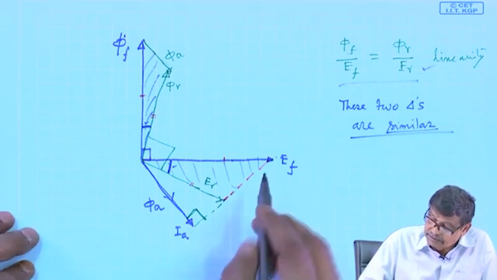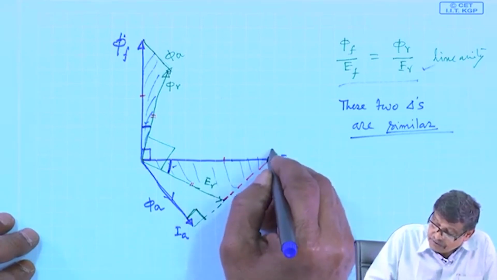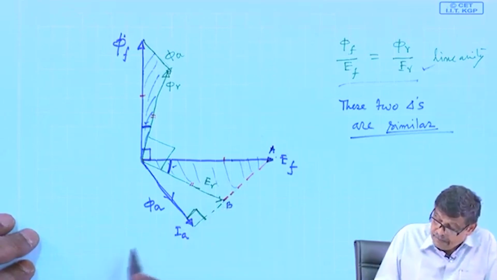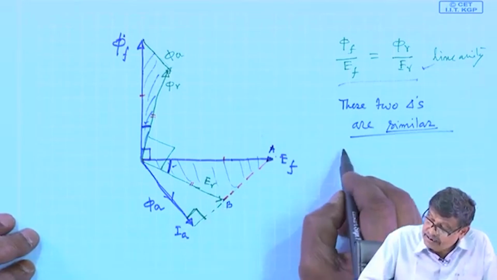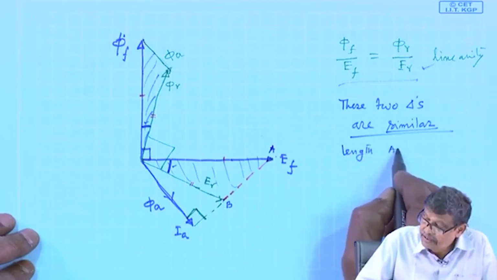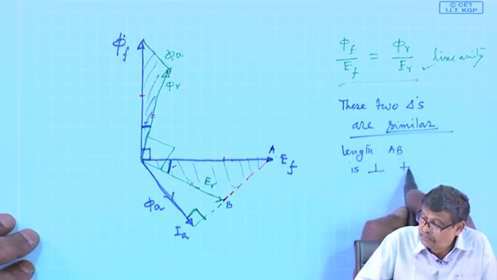That is this length, let me give some name so that I emphasize this point. This length is, suppose, AB, and AB is perpendicular to IA.